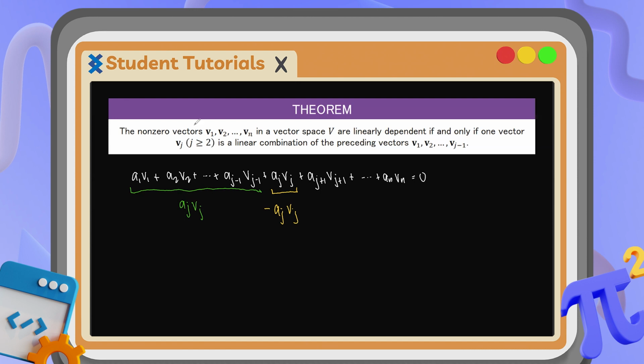So when we cancel them out, that gives us the 0 vector, and if we add the 0 vector to the other remaining vectors, then that would also be linearly dependent because when you multiply it with any constant, it would still be the 0 vector, since multiplying any constant by the 0 vector is equal to the 0 vector. This would then show what the theorem describes.